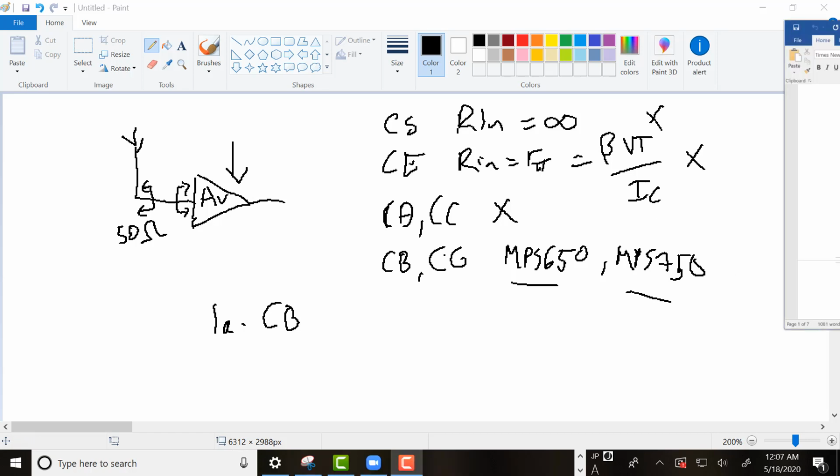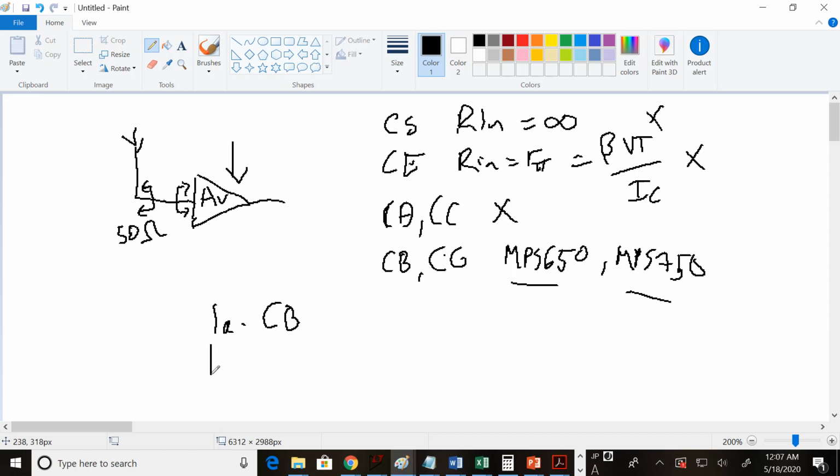So the only specification given to you so far is that the Rns match. So the next thing you have to do is find an equation for Rn for your amplifier. So you've figured out that you want to use a common base.